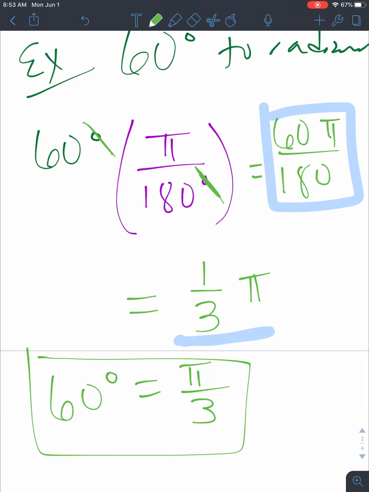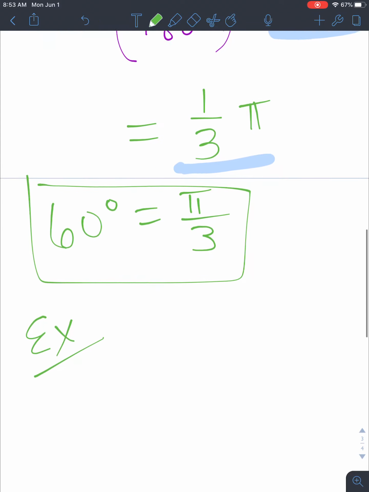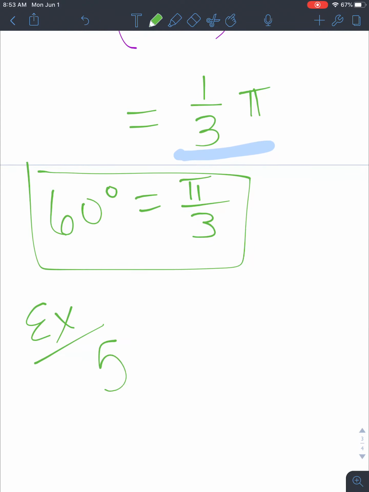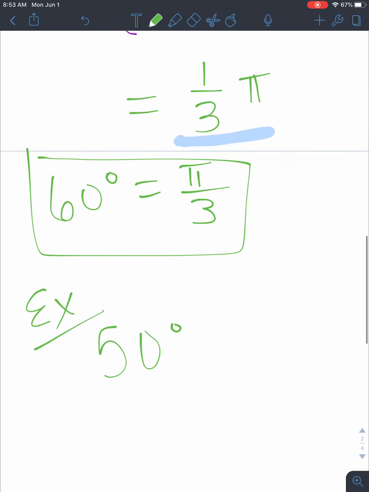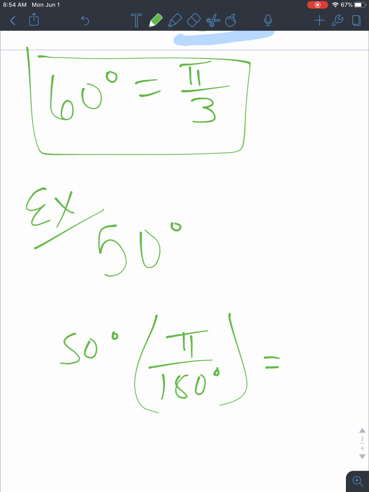Let's go ahead and try one for y'all. If you have 50 degrees, go ahead and try to convert that. To convert 50 degrees, you just multiply by pi over 180, just like we did.